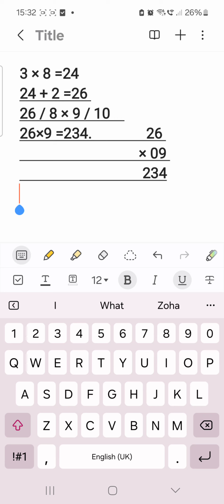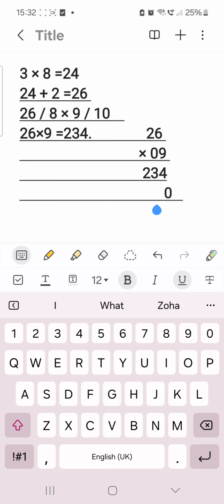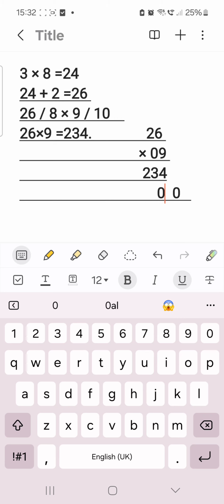Okay, now you have to do 0. Because you're doing another one, you have to write 0. But because you still have to times it, 0 doesn't worth anything right now at this rate. So what you have to do is write 0 and stuff like that.